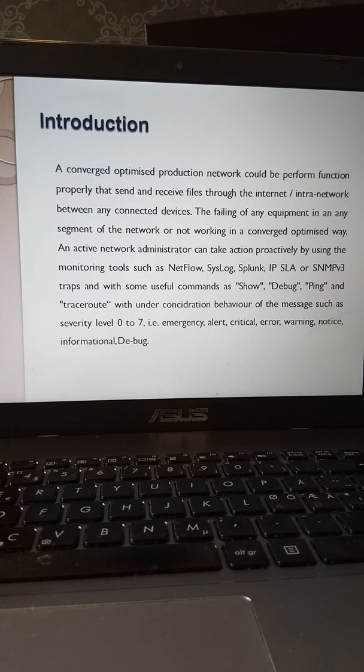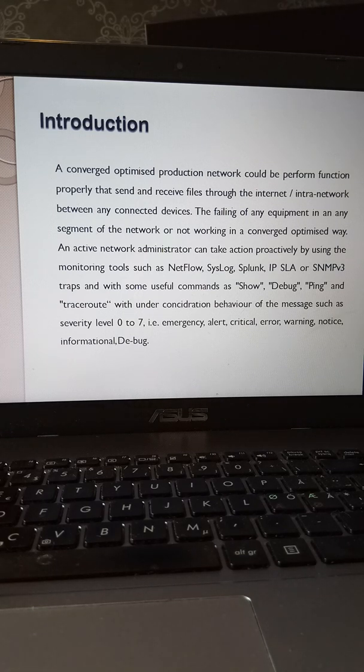Introduction: A converged optimized production network should function properly, sending and receiving files through the internet and intra-network between any connected devices. The failing of any equipment in any segment means the network is not working in a converged optimized way.